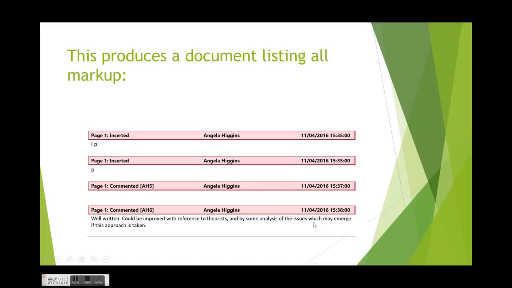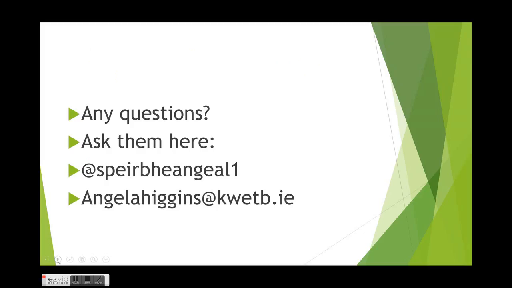It says, well written, could be improved with reference to theorists and by some analysis of the issues which may emerge if this approach is taken. I could have improved that comment by using the learner's name. And you can see you have a date stamp as well. So I gave these comments on the 11th of April 2016 at 15:38. So there you have a record of all the feedback.